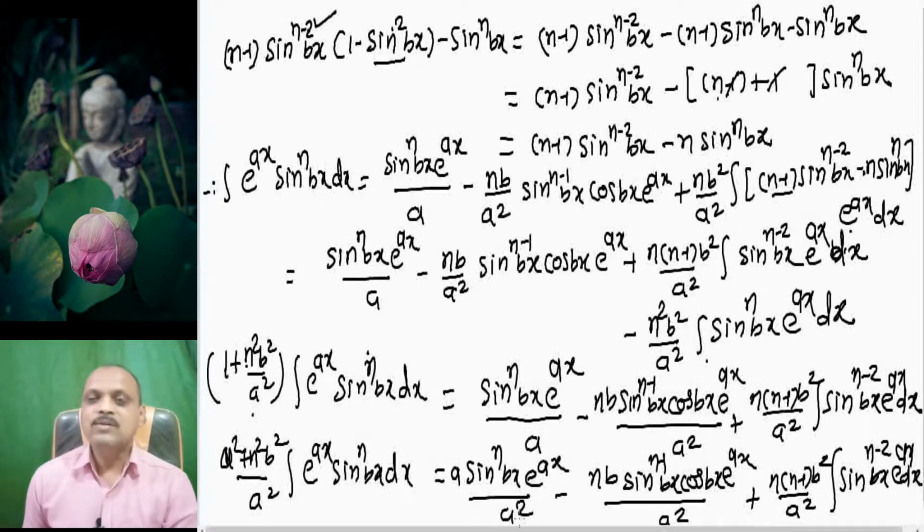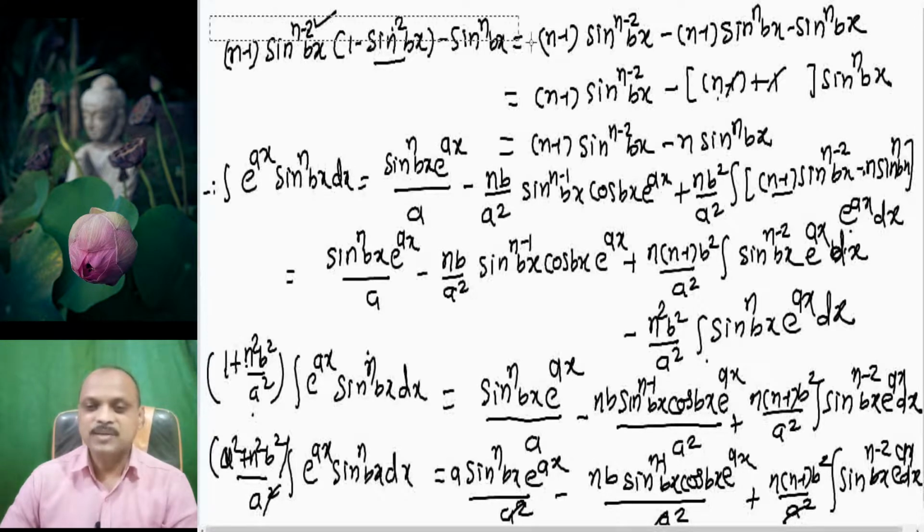Everywhere we now have a square in the denominator, so throughout this equation we will cancel a square. Now in the left we have the multiplied term, this a square plus n square b square, which we will now transfer to the right.